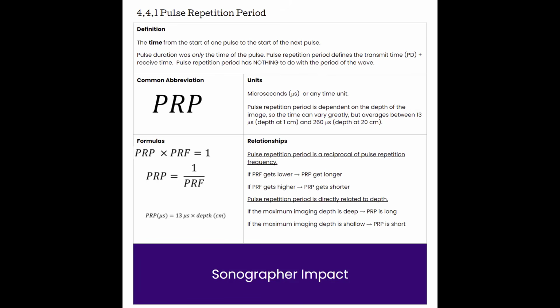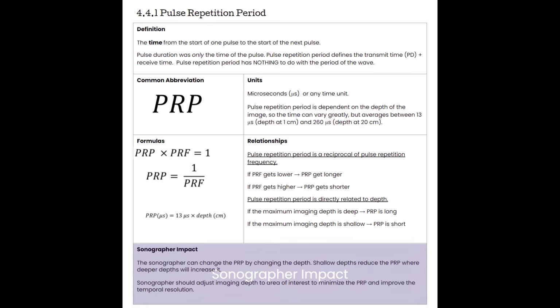The bottom formula then shows us that pulse repetition period is directly related to depth. That is why this is considered a depth-dependent parameter. If the maximum imaging depth is deeper, then our pulse repetition period is going to be longer. There's more waiting.